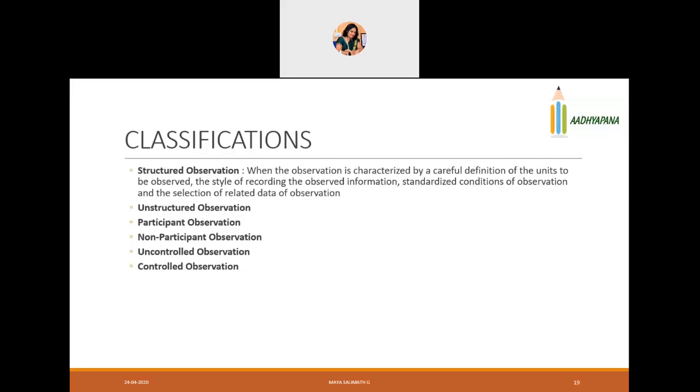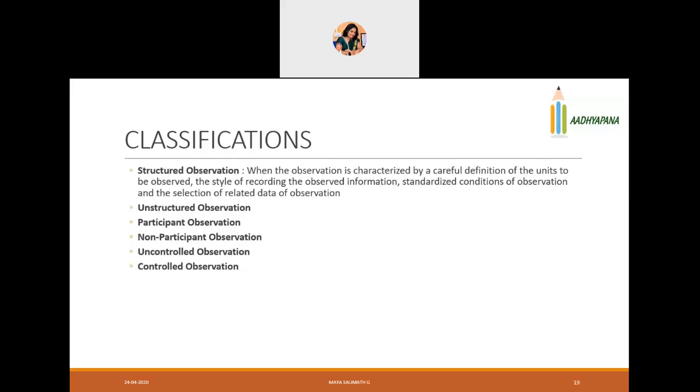You try to talk to them and then you get the data you want. There is also something called non-participant observation. Non-participant observation is where you don't even belong to the participants' team, and the participants don't know what you are observing.